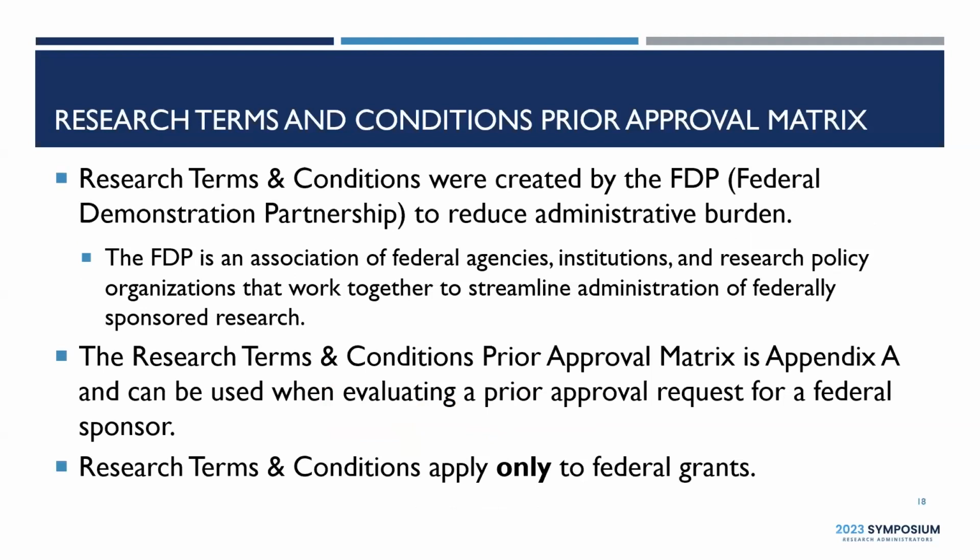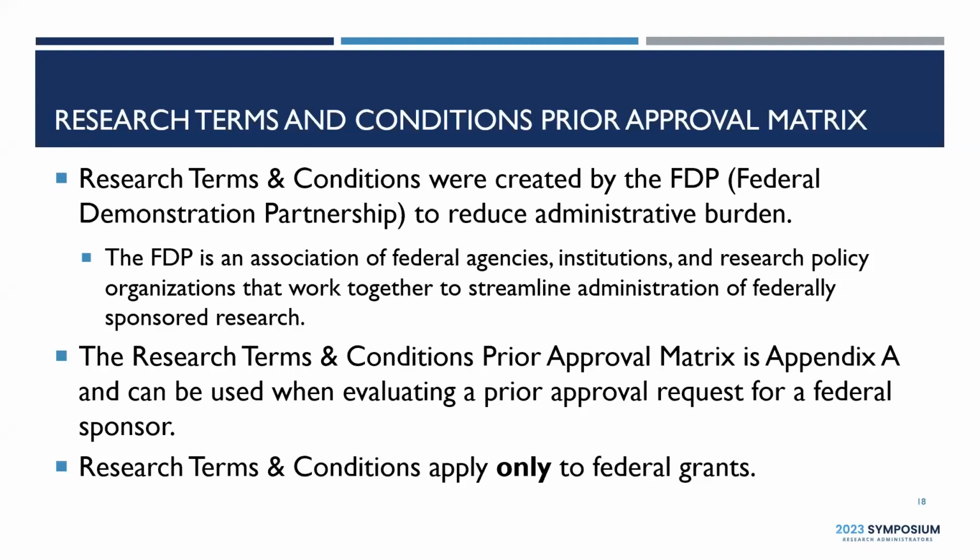Just a little bit of background on what the research terms and conditions is: it was created by the Federal Demonstration Partnership to reduce administrative burden. That phrase might be hilarious to some of y'all who have not seen a reduction in administrative burden, but okay.